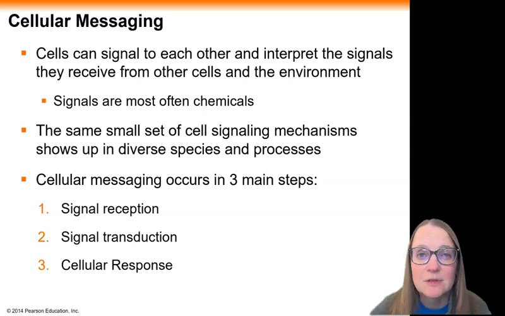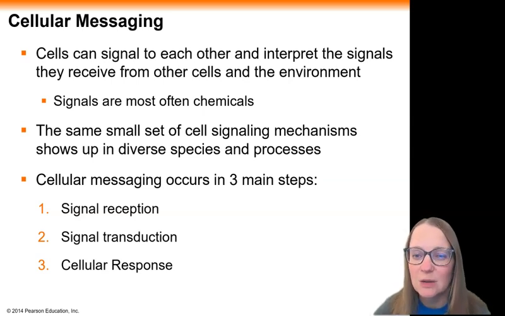The types of signaling pathways that we're going to take a closer look at in this chapter are examples. There are a wide plethora of different kinds of signaling pathways that living organisms use between cells to allow those cells to communicate. But keep in mind that while there is a diverse array of these signaling pathways, typically nature doesn't like to reinvent the wheel.